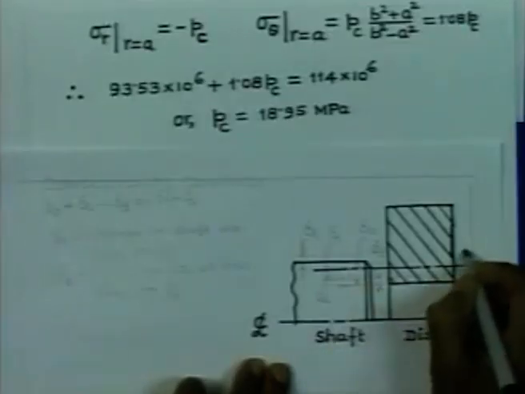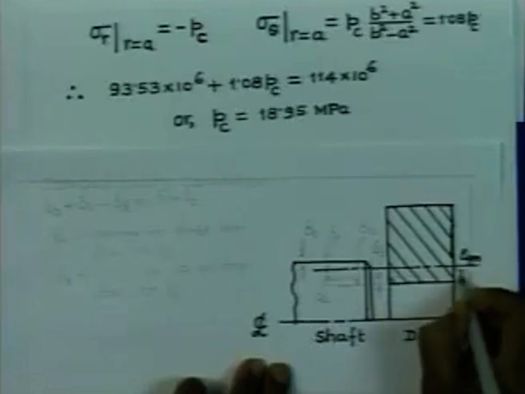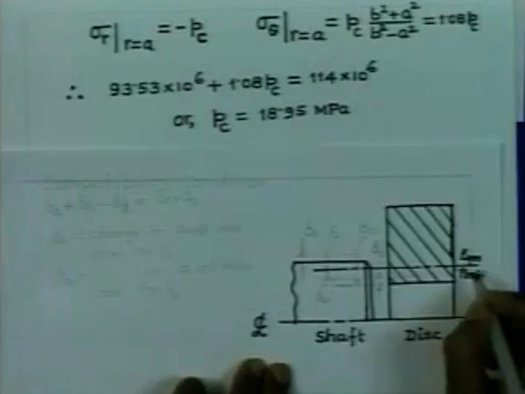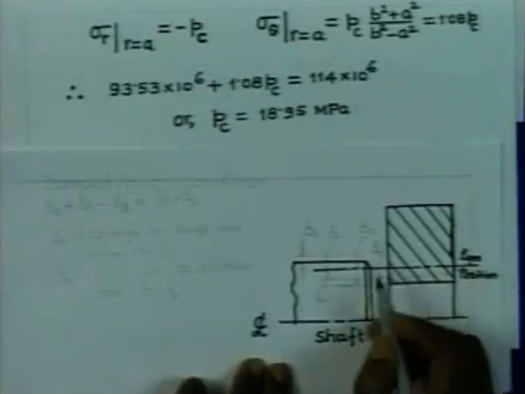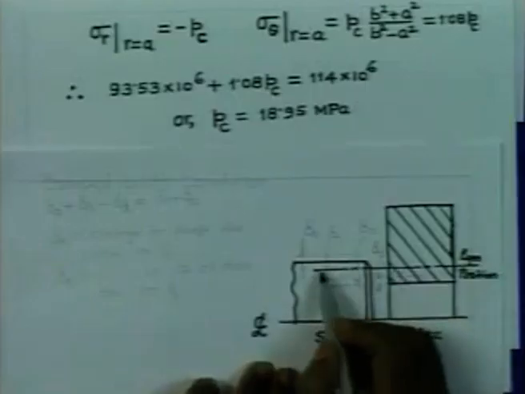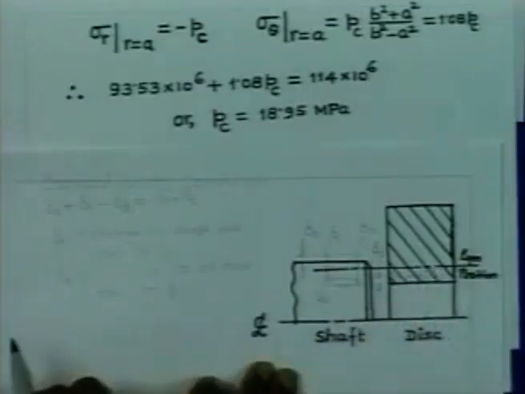Therefore, this is the equilibrium position. That means they will attain a common radius of this value.